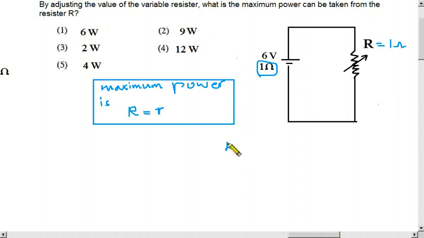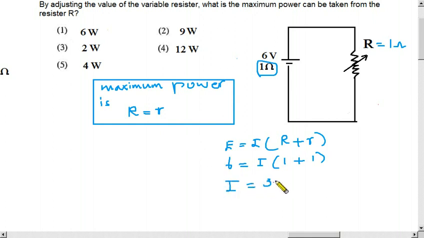So the current equals E divided by simple R plus capital R, as previously. So 6 volt, simple R is 1, capital R is 1 due to this relationship. So I equals 6 divided by 2, that means 3 ampere.